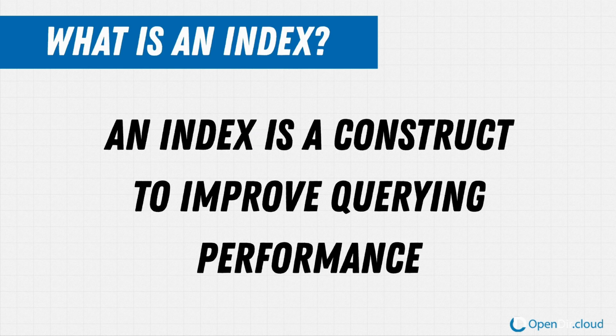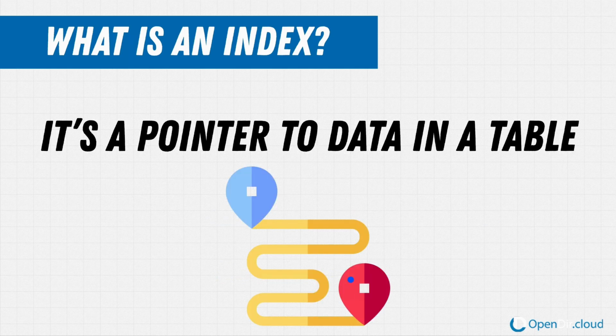What is an index? An index is a construct to improve querying performance. So we're trying to improve query performance. That is the quintessential purpose of an index. Now, if we looked at it from a more theoretical point of view, it is a pointer to data in a table.